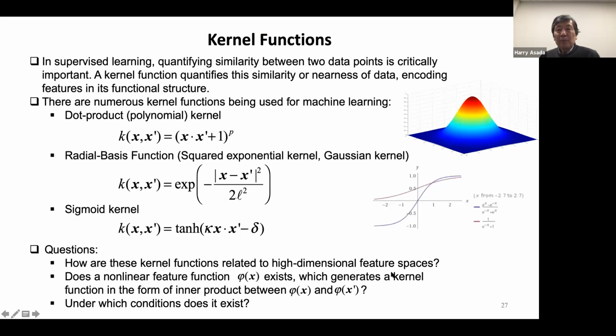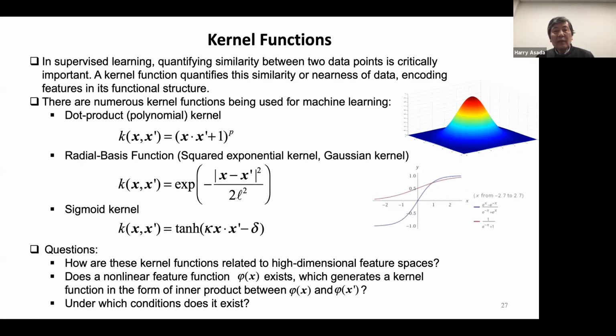There are many different types of kernel functions depending on the application areas. In supervised learning, quantifying this, the kernel function, is very useful and used quite widely.